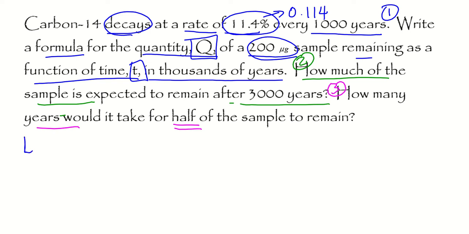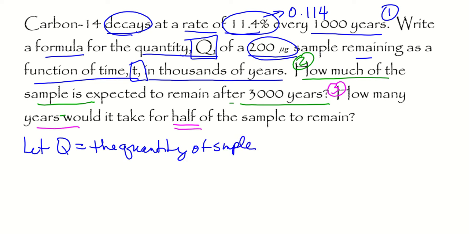Let Q, they actually gave that to us, be the quantity of our sample. T is in thousands of years.